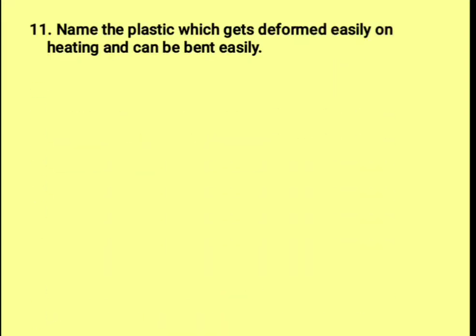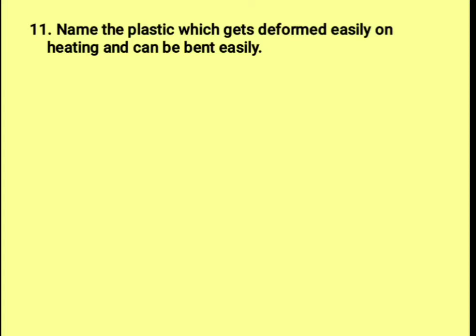Name the plastic which gets deformed easily on heating and can be bent easily. There are two types of plastic. One type can be heated and made into different shapes, that is, we can recycle it. The other kind of plastic cannot be recycled after heating.